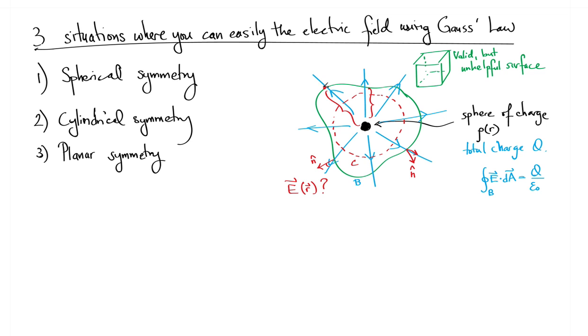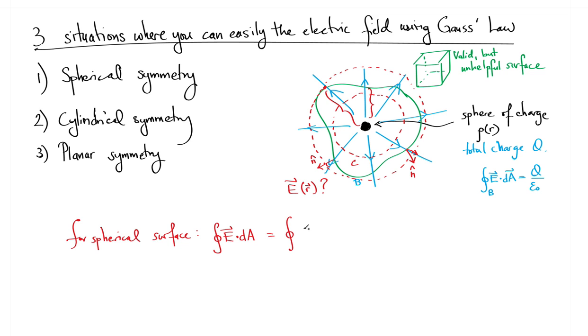So if we wanted to know the electric field at this point here, what we would have to do is just draw a bigger sphere, right? So for this bigger sphere now, for the spherical surface, we have E dot dA, and we know that E is some function.